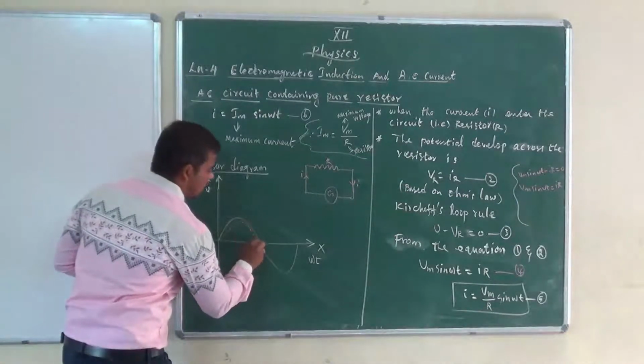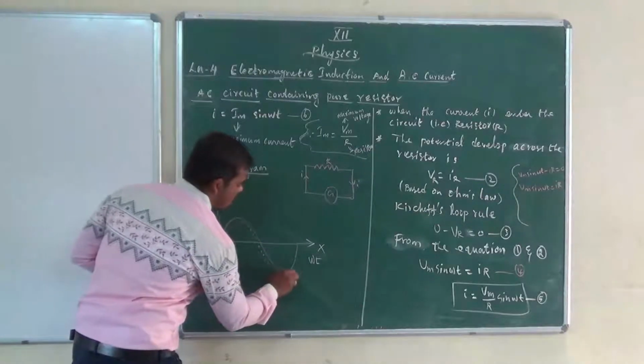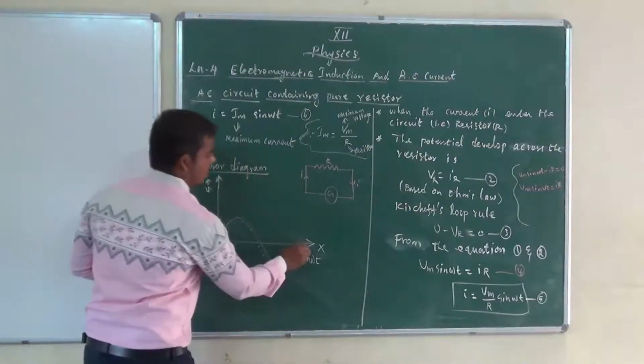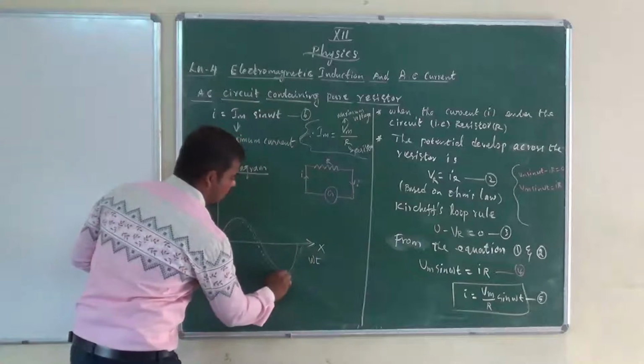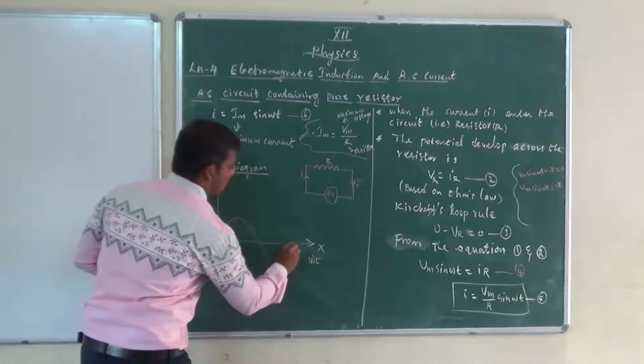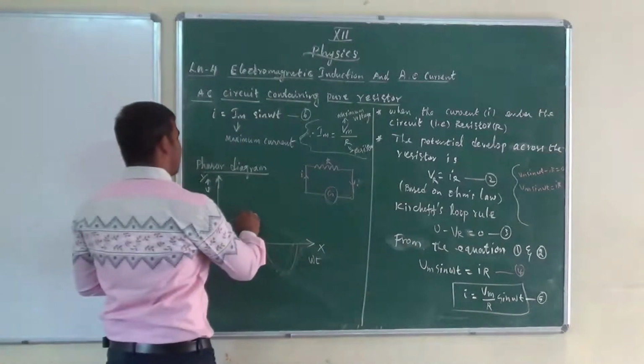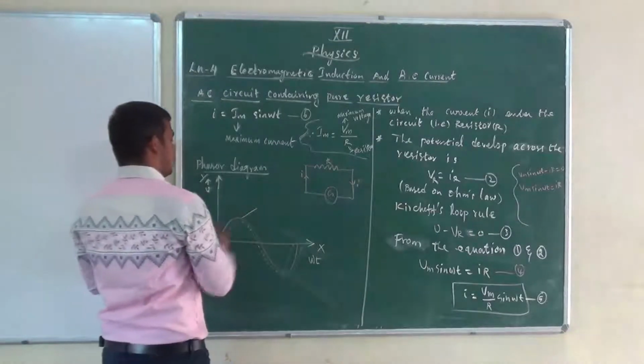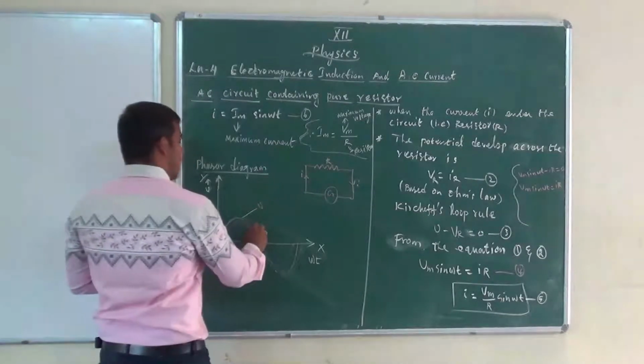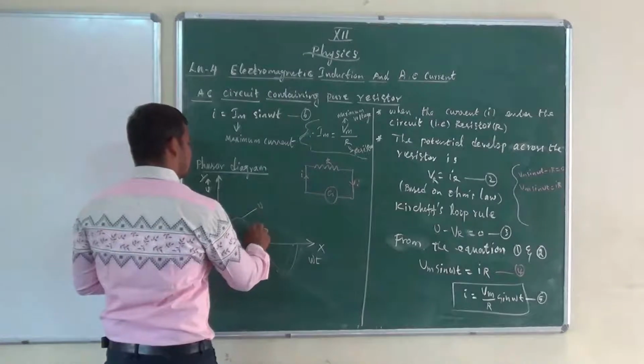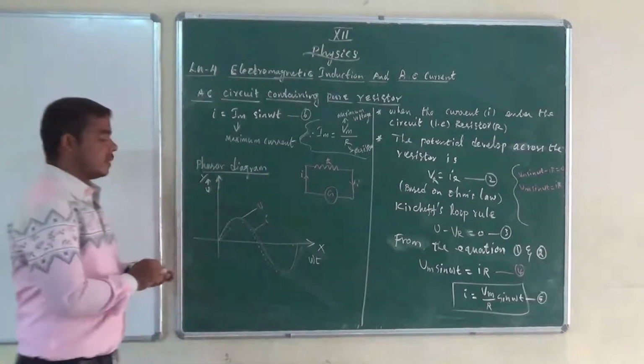The continuous line represents voltage V, and the dotted line represents current I.